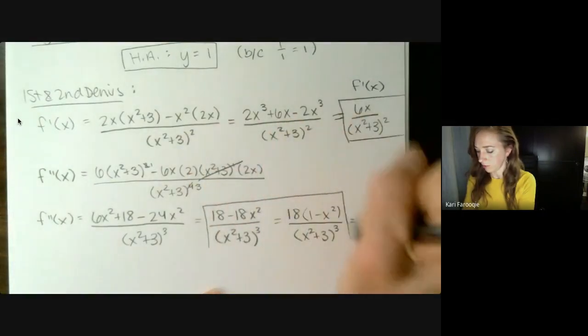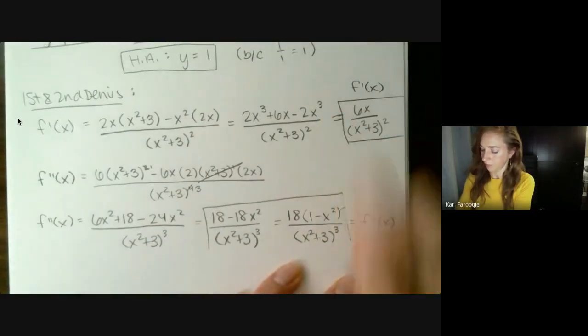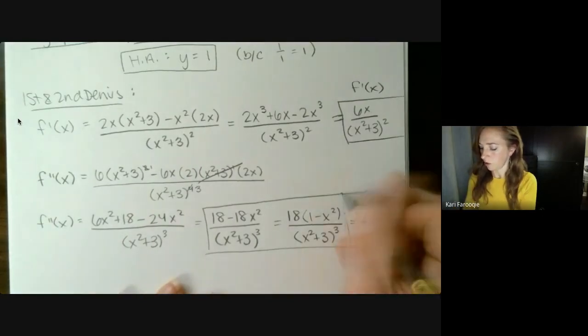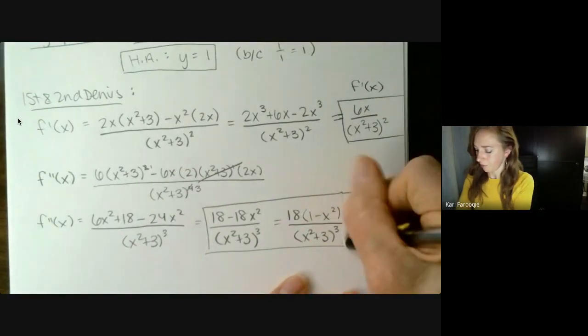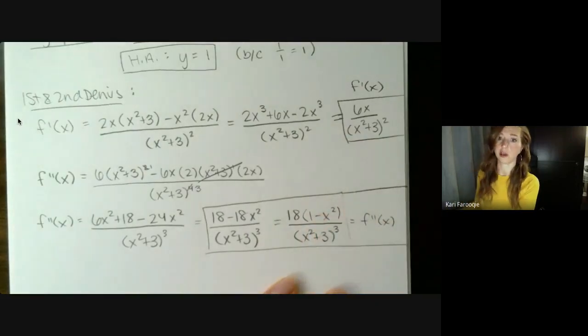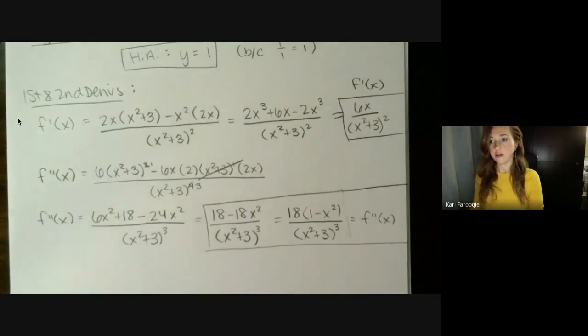I don't know, you decide. Sometimes the fewer grouping symbols you have to worry about, the better. But this one I'm going to use when I look for possible points of inflection. Questions on the first or second derivative?